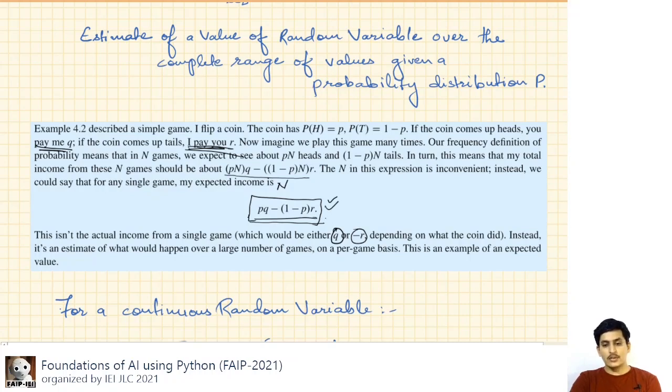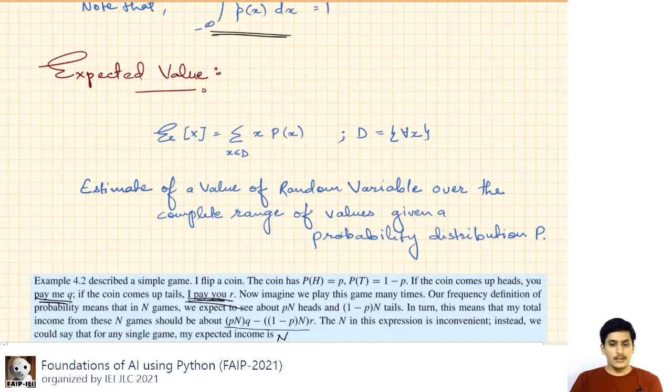However, this is what we call expected value of a variable for any particular sample, for any random sample that we take. So given a random variable, we can have such an expected value. Okay. And this is how we write it.